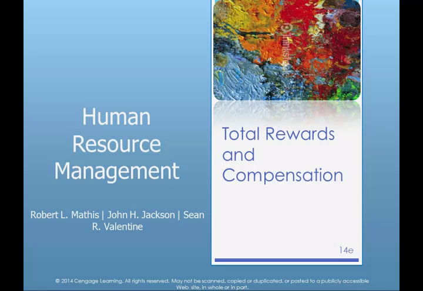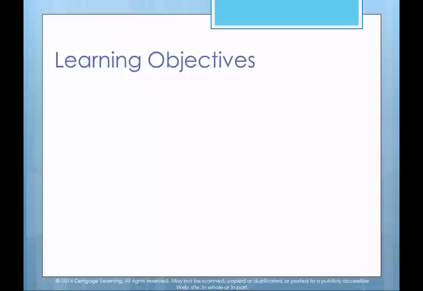This is Dr. Sanchez, and I am going to review total rewards and compensation. This is one of my favorite chapters because it really is very important to our employees, about their compensation and their rewards.